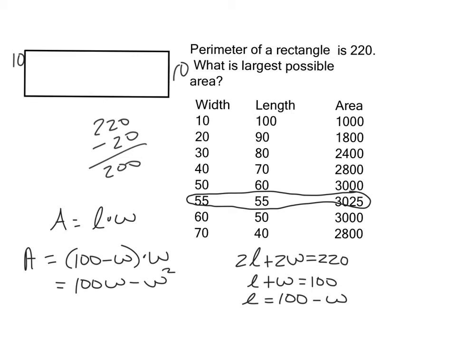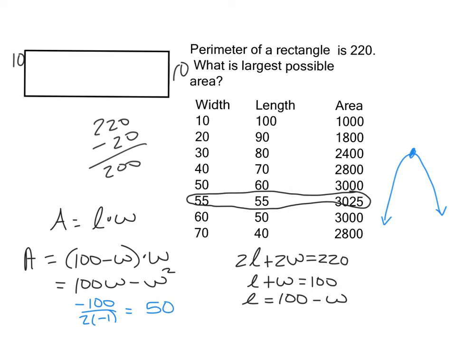If you go through and find, right, so the largest possible, so this is an upside down parabola, and we're finding the vertex, right, largest possible. Most of these board problems we're finding the vertex. So if you do negative b over 2a, negative 110 over 2 times negative 1, we get 55.